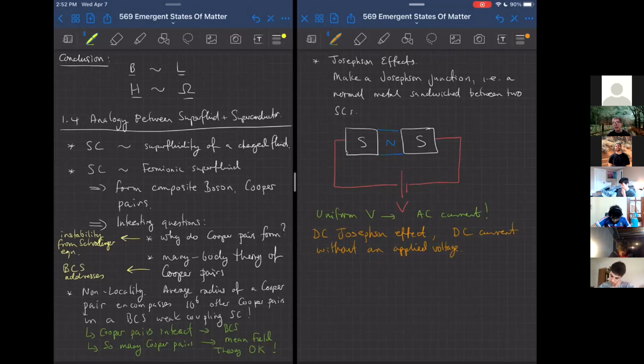Roughly speaking, and we're going to see, these things have traditionally been understood from the point of view of tunneling of Cooper pairs.